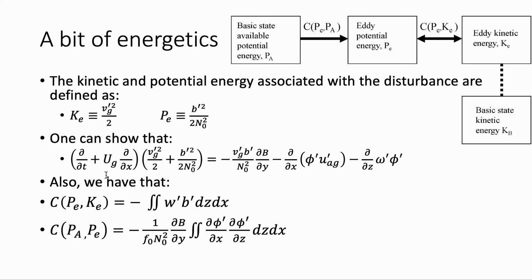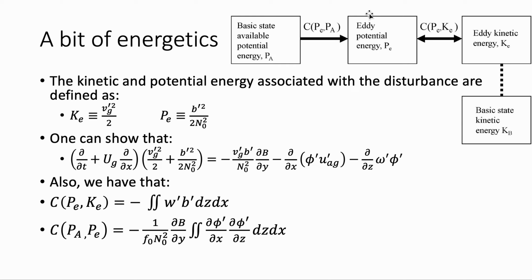And it is possible to show that these two can be summed together, and the equation for the total energy, if you will, is written as the sum of these three terms that are somewhat reminiscent of the energetics that we talked about when we discussed the QG approximation a few classes ago.